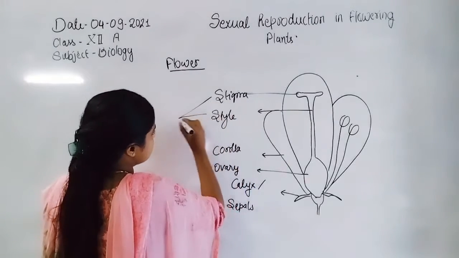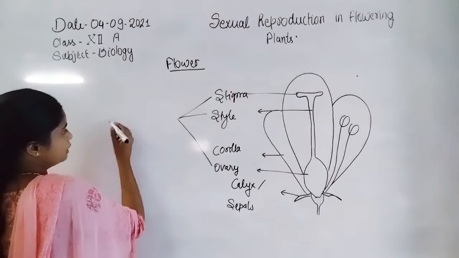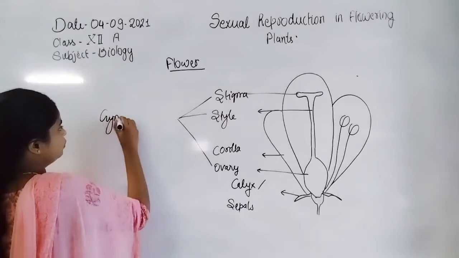Now together style, stigma, and ovary constitute the female reproductive part, the gynoecium.